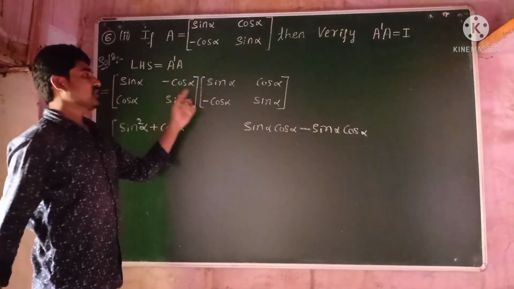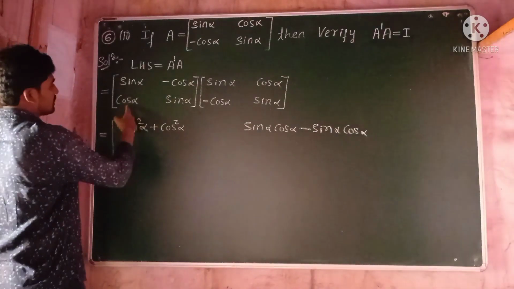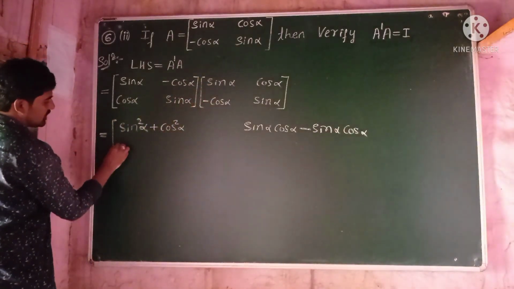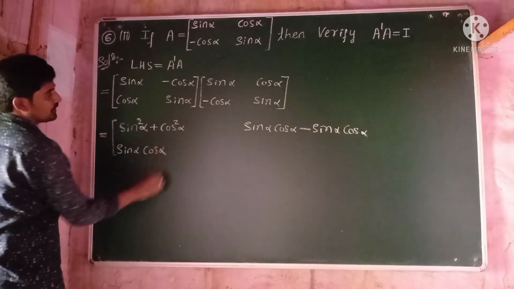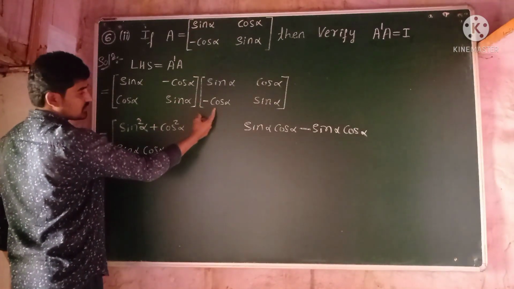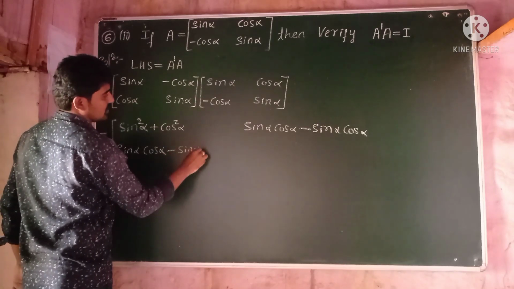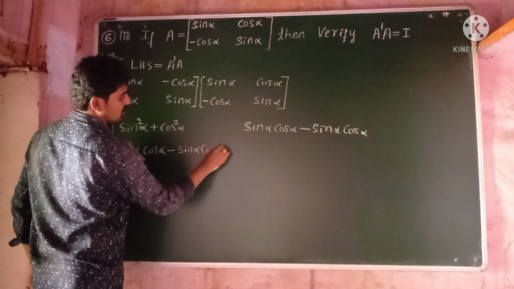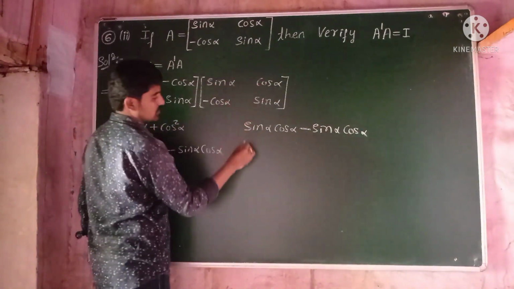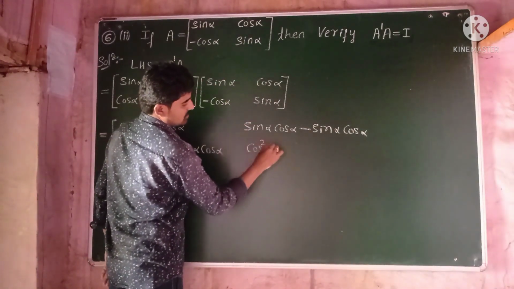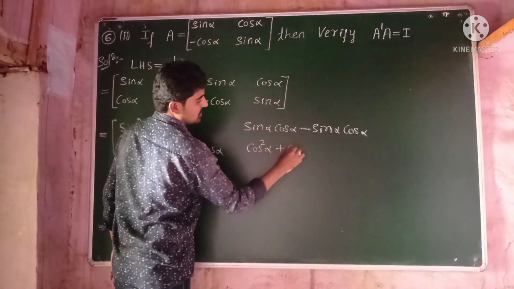The first row is completed with two columns. Now we go for the second row. Second row, first column, cos alpha into sin alpha can be written as sin alpha into cos alpha, sin alpha into minus cos alpha, plus into minus minus sin alpha into cos alpha. And now second row, second column, cos alpha into cos alpha, cos square alpha, sin alpha into sin alpha, sin square alpha.